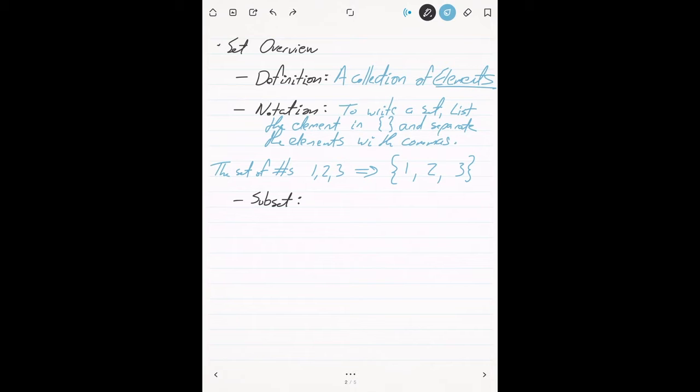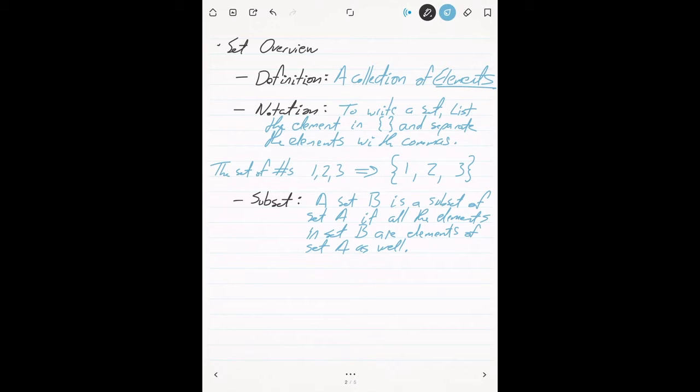We're going to define a subset as: a set B is a subset of set A if all the elements of B, or I should say in set B, are elements of set A as well.